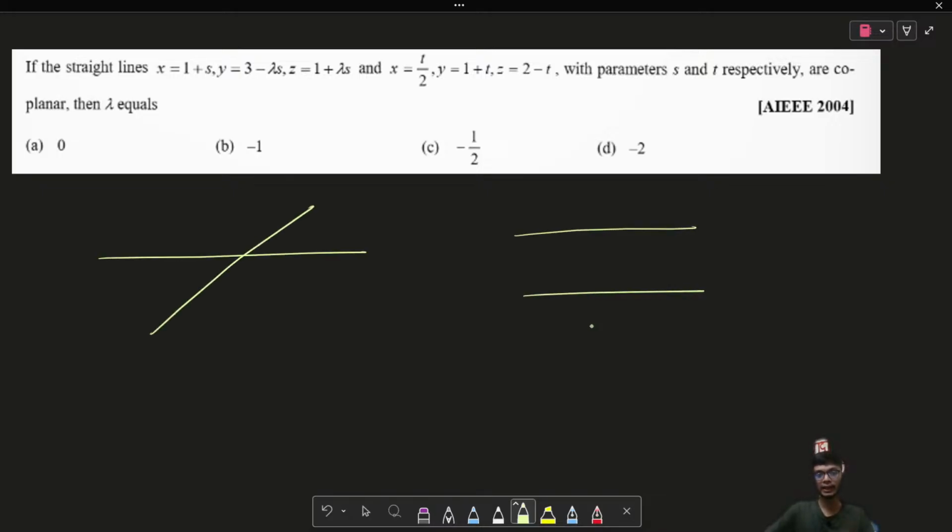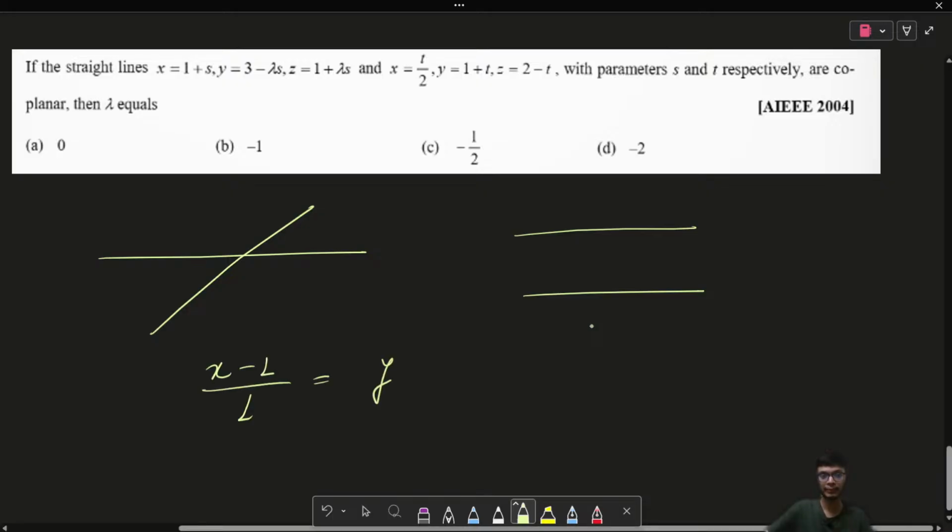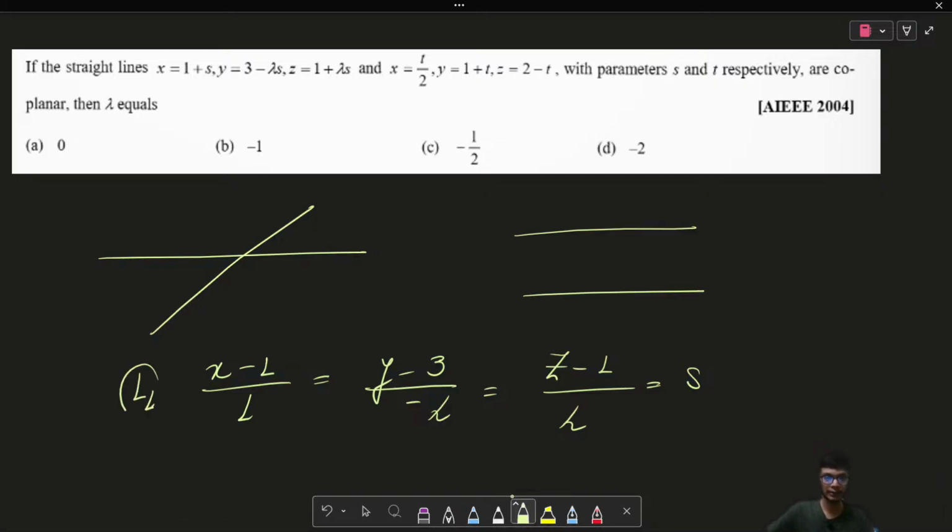So in this case, the equation of the first line is as follows, in terms of lambda.